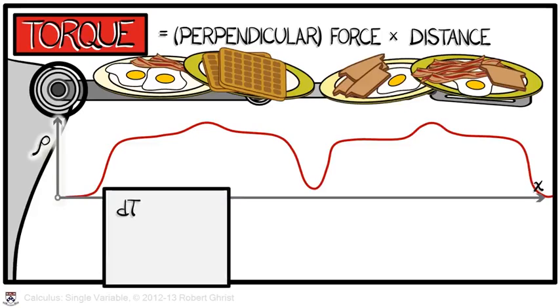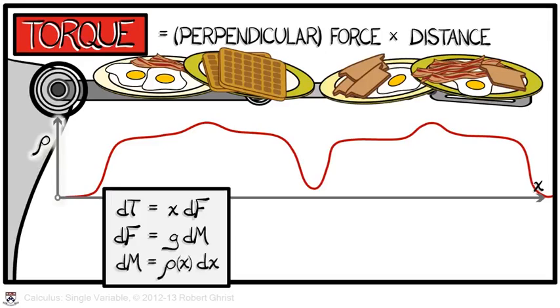Then let's compute the torque in terms of the torque element, dt. dt is going to be the distance, x, times the force element, dF, the amount of force applied at x. What is that force element? Well, force is mass times acceleration. The acceleration is g, the gravitation constant. The mass, however, is a mass element, dm.